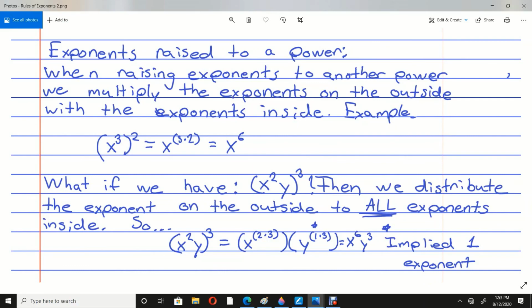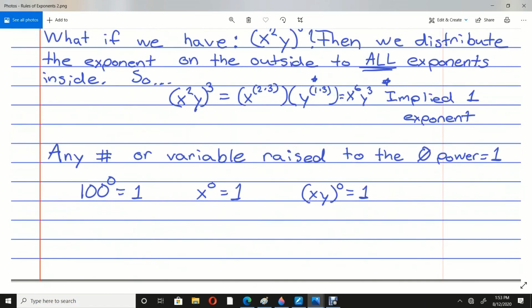Then we distribute the exponent on the outside to all exponents inside. So all of these exponents need to be multiplied by the 3 on the outside. We take the 3 and multiply it times x to the 2nd power, so 2 times 3, y to the 1st power, so it's 1 times 3, and we get x to the 6th, y to the 3rd. Again, I have that little star here just to remind you that there's an implied exponent of one.